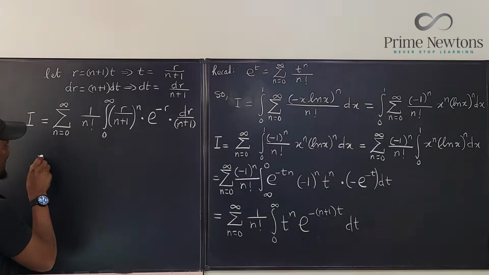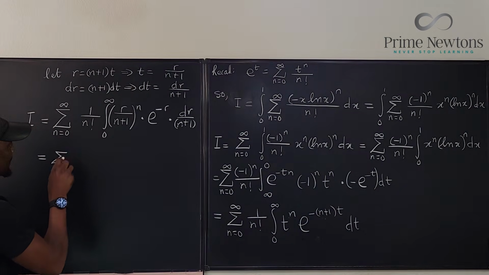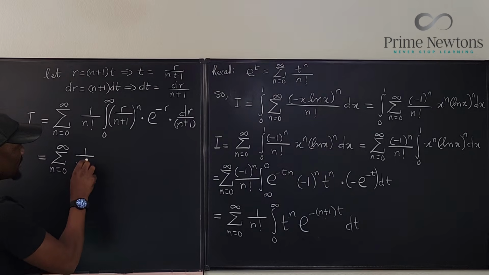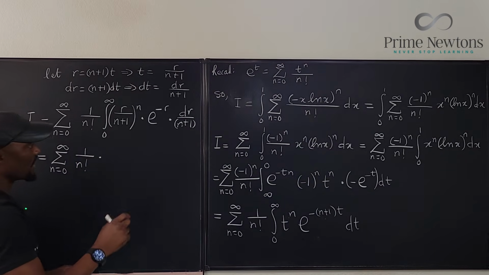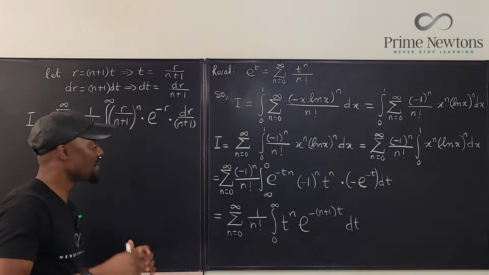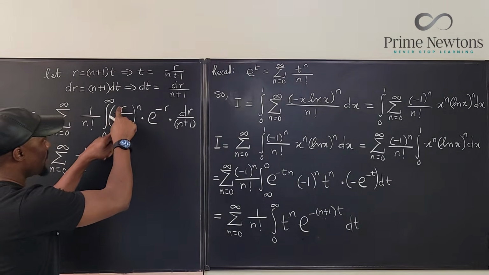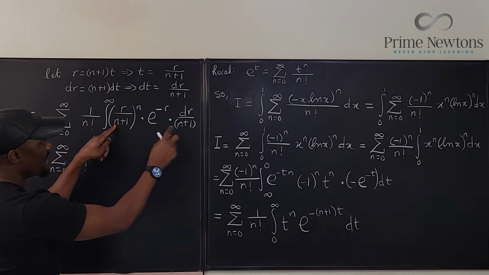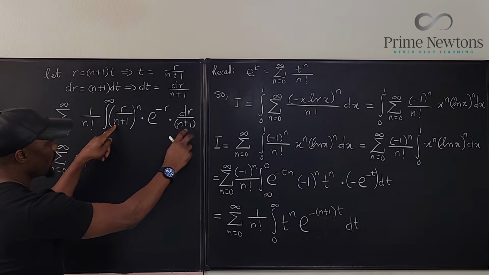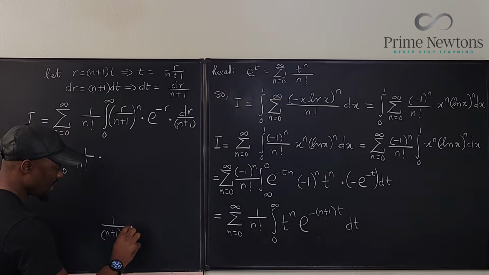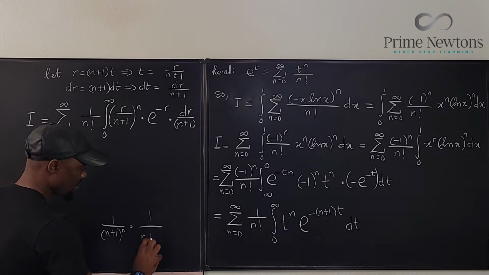This is the same thing as the sum from n equals 0 to infinity of 1 over n factorial times, look, I'm going to take out everything that has just n, that you don't differentiate. So here, this is n plus 1 raised to power n in the denominator. This is n plus 1. Oh, so this is going to be like this: 1 over n plus 1 raised to power n times 1 over n plus 1.